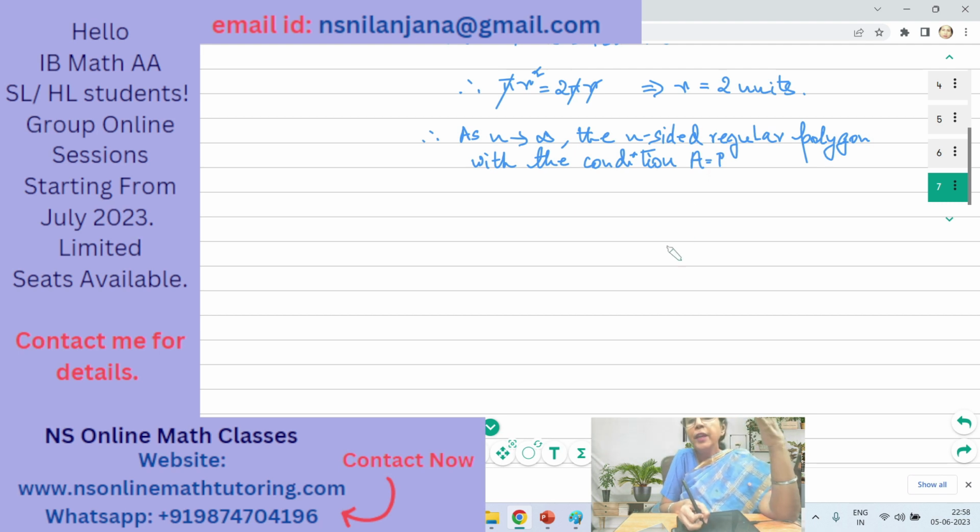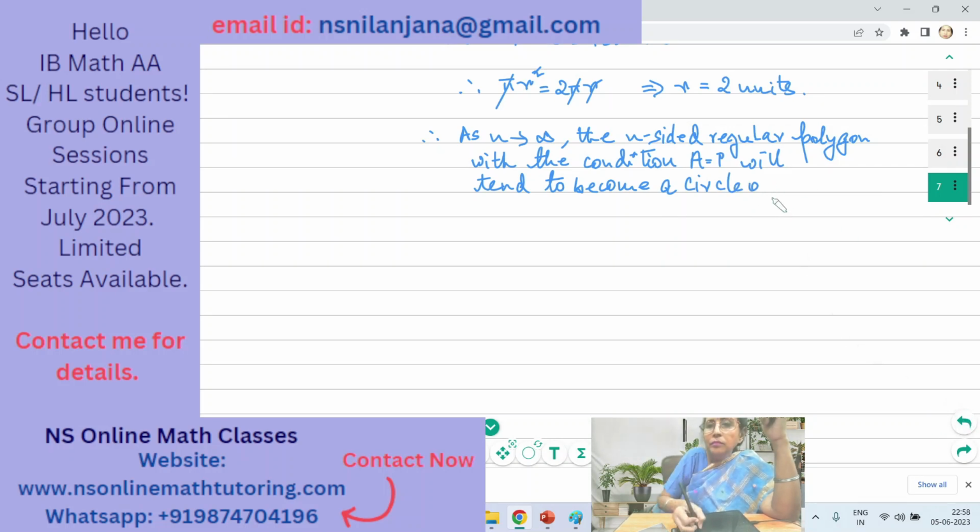This will not be true for every inscribed regular polygon, but those polygons for which A is equal to P, okay, will tend to become a circle of radius 2 units.